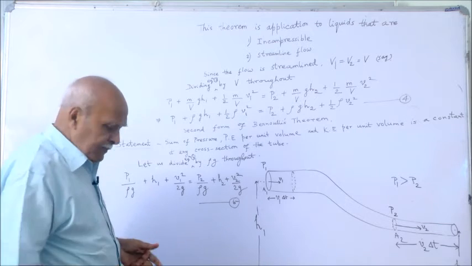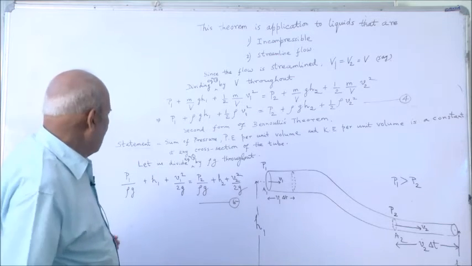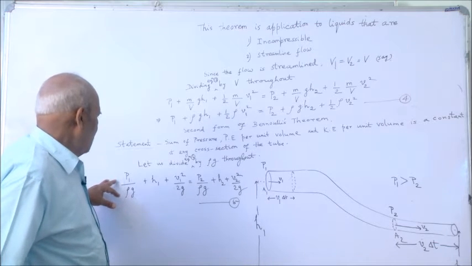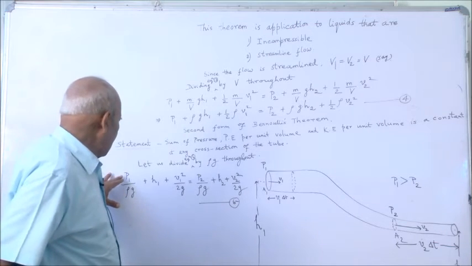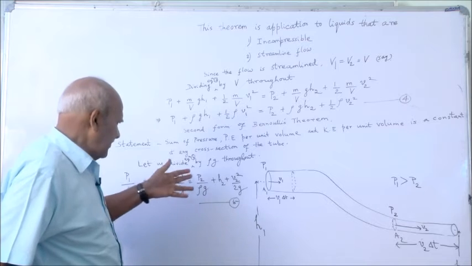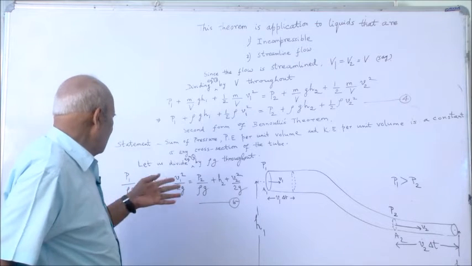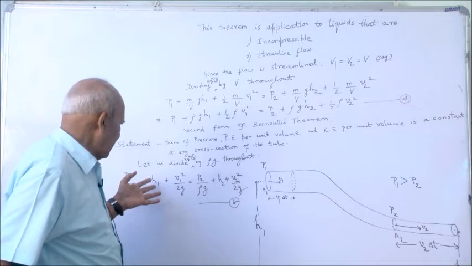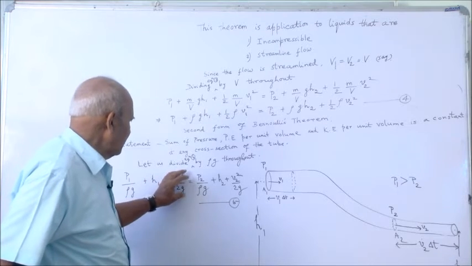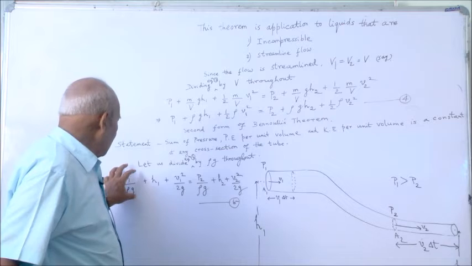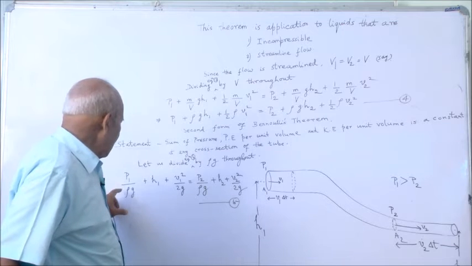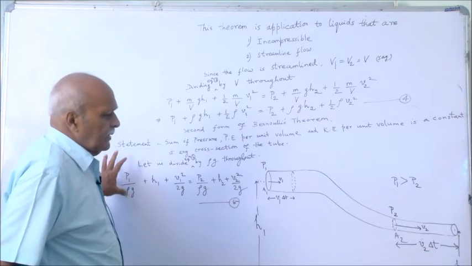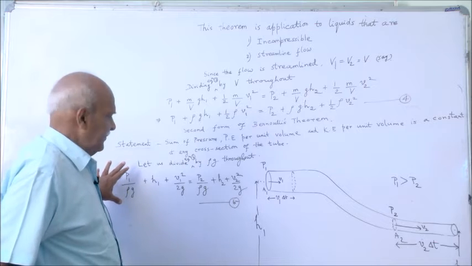So, this expression shows that there is a dimension. If it is checked, dimension is same for all, and it is height, so it is length, some length. This is also length, this is also length. So, this quantity, pressure divided by density and gravity, is called pressure head.